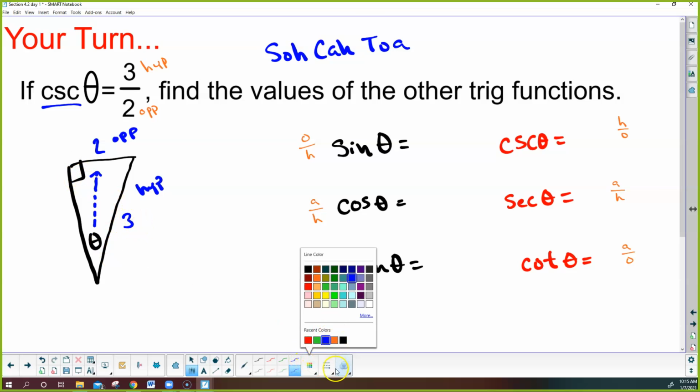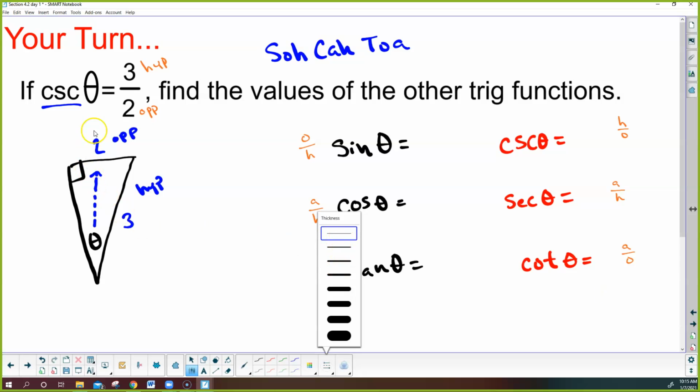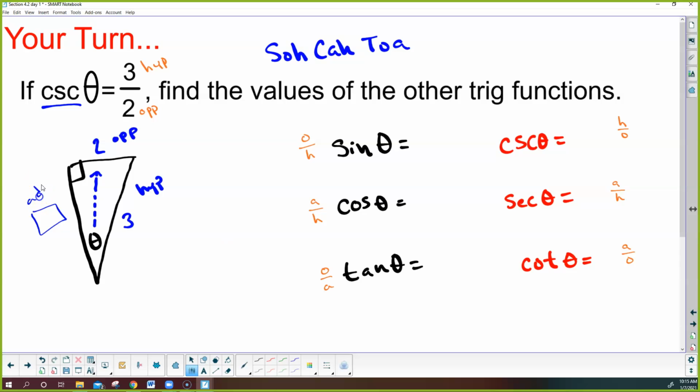So now, I just need to do a little side work to find the missing side length here, which is the adjacent side. Well, we have the Pythagorean Theorem, so the hypotenuse squared has to equal the sum of the other two sides squared. Since this is adjacent, I'll call it A. And then it's just some quick algebra. 3 squared is 9, 2 squared is 4.